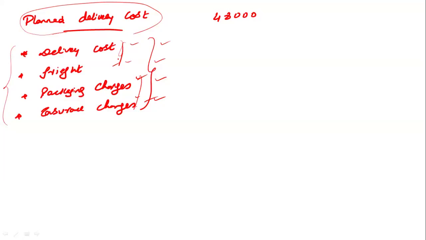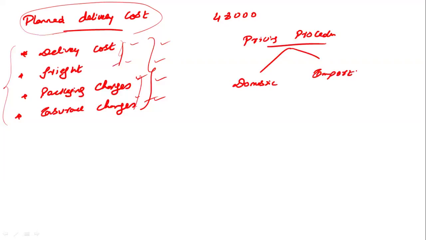Okay, now let me differentiate what are the different types of purchase we have in SAP. In pricing procedure, we have two types of pricing procedure. One is the domestic and one is the import. Why do we have these two types of pricing procedure?